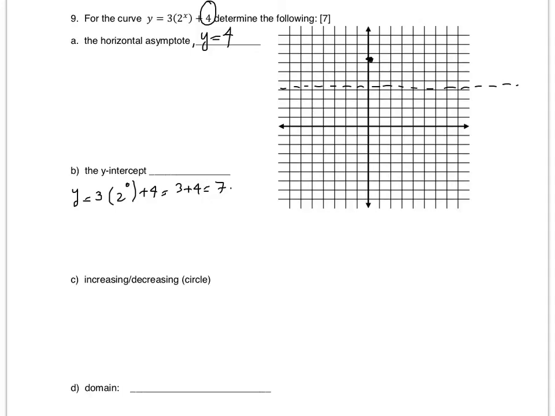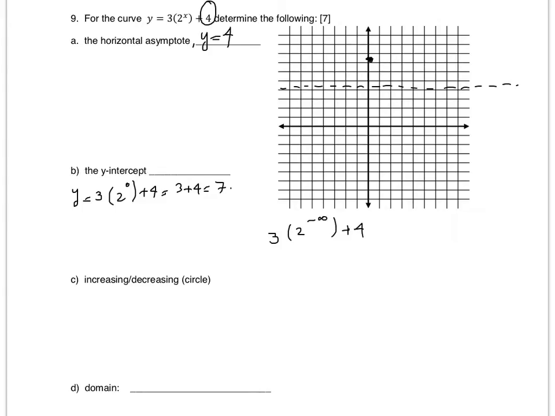Now, is the function increasing or decreasing? Before I do that one, I'm going to plot the function and then decide what exactly is happening with the function. When x goes to negative infinity, we can see that the function becomes 3 times 2 exponent negative infinity plus 4.